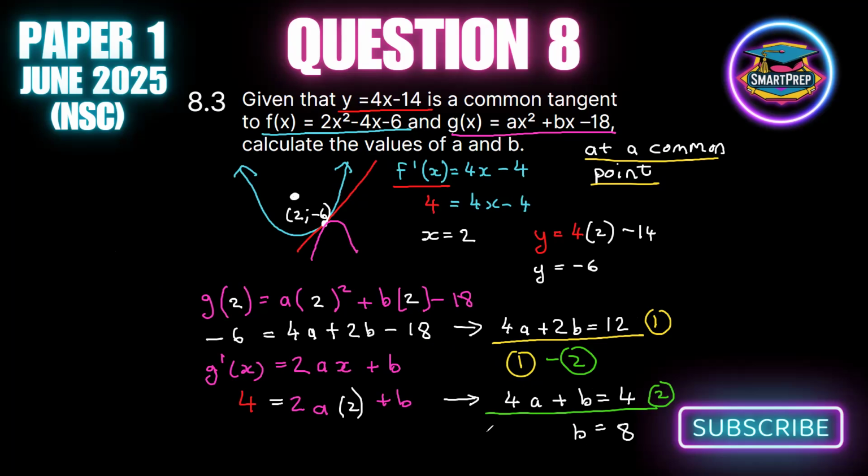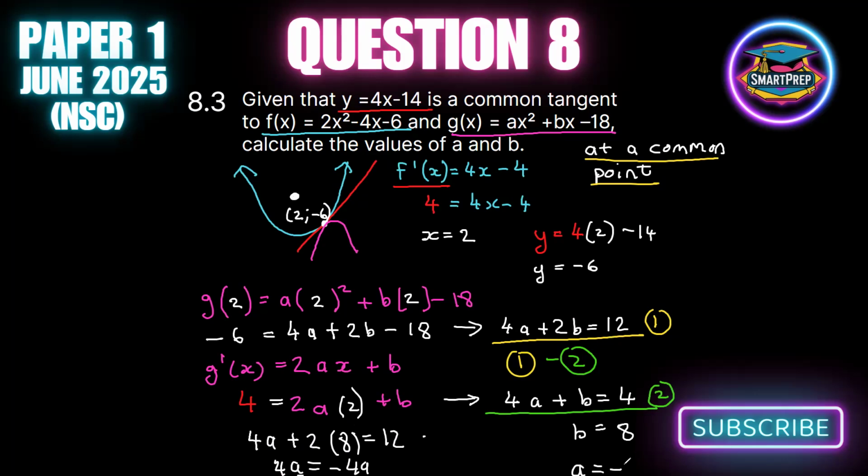Okay, now when we want to solve for a, we simply write b as 8 into either of these equations. I'm going to do equation 1. So 4a plus 2 times 8 equals 12. And then we get 4a equals negative 4, which means that a is equal to negative 1.